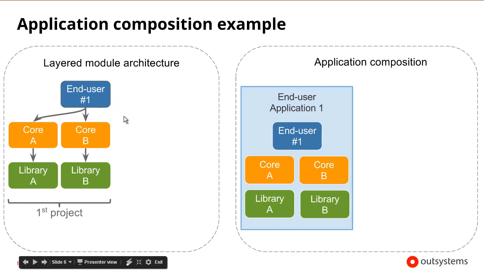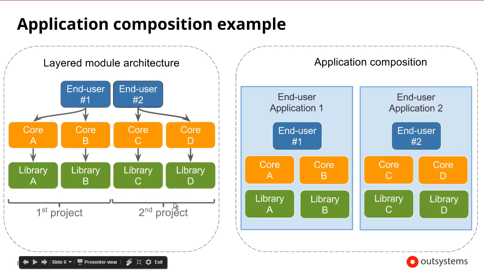The modules are following our guiding principles and we have a solid architecture. At the end of the day, we wish to be able to deploy these modules from our development environment to QA into production. So we can place all the modules in an end user application so it can be more easily deployed. And when you're working on your first project, you're probably focused on delivering the functionality, so bundling all of the modules into a single application makes sense.